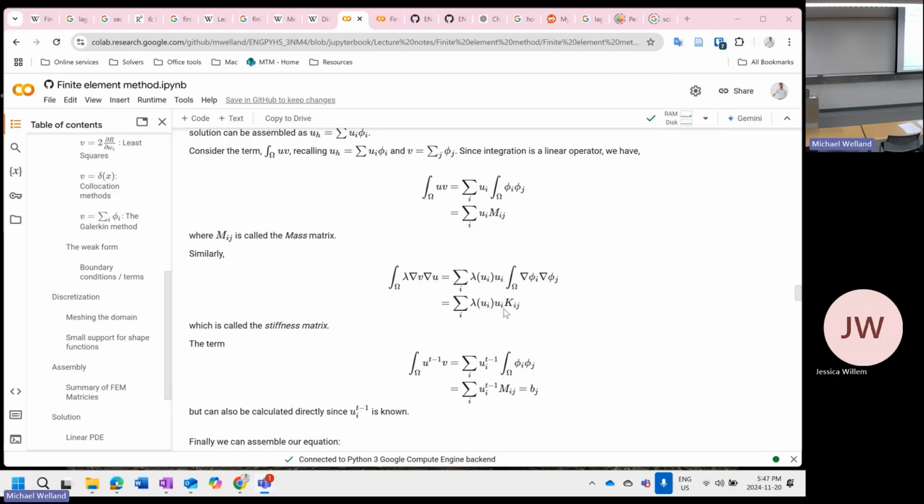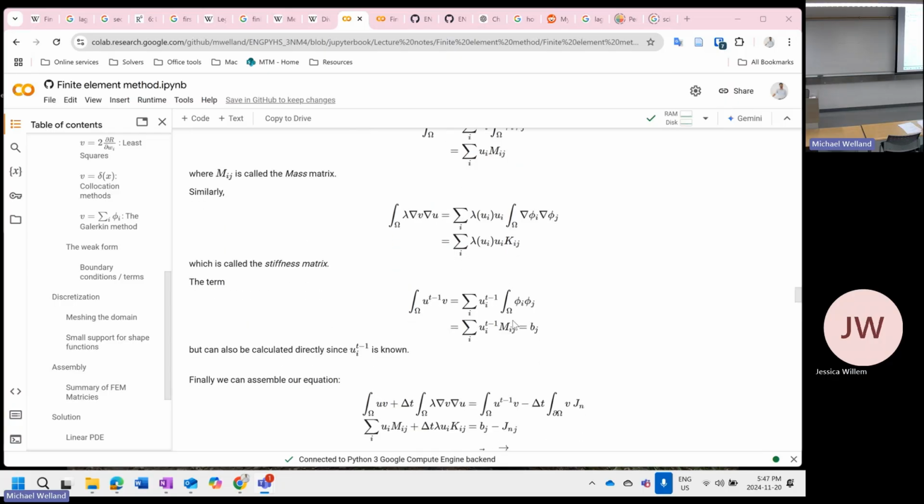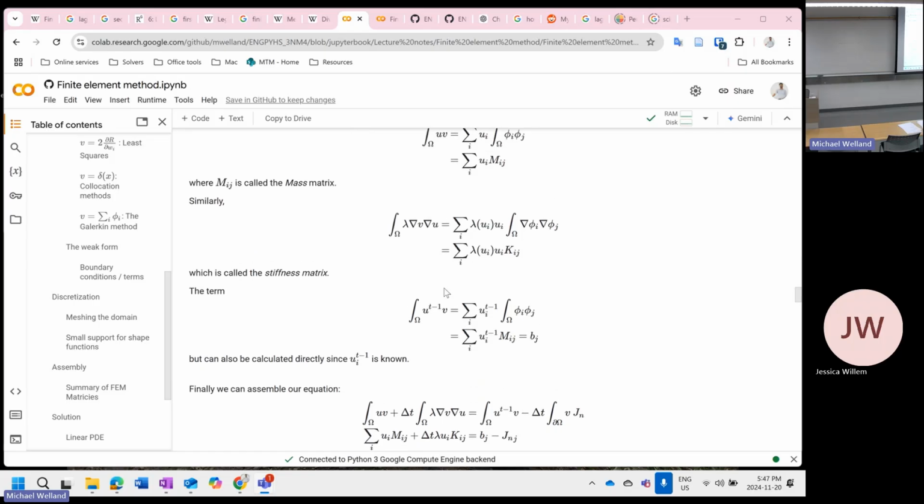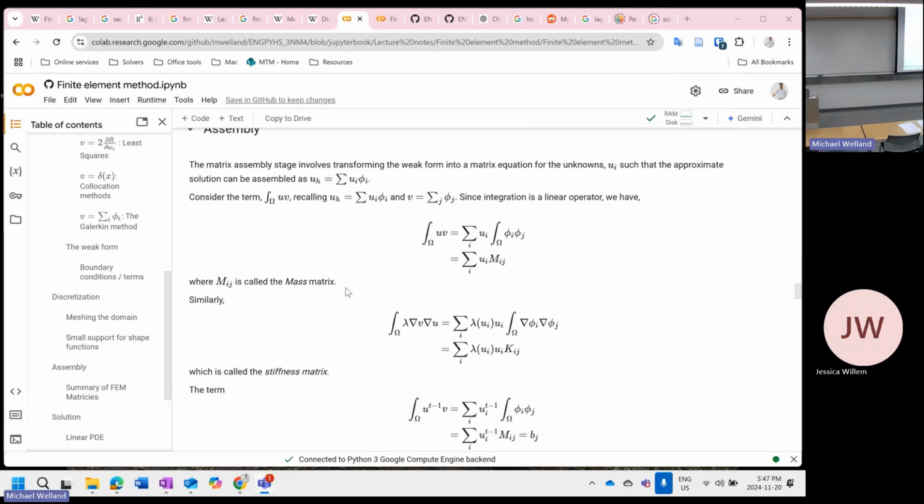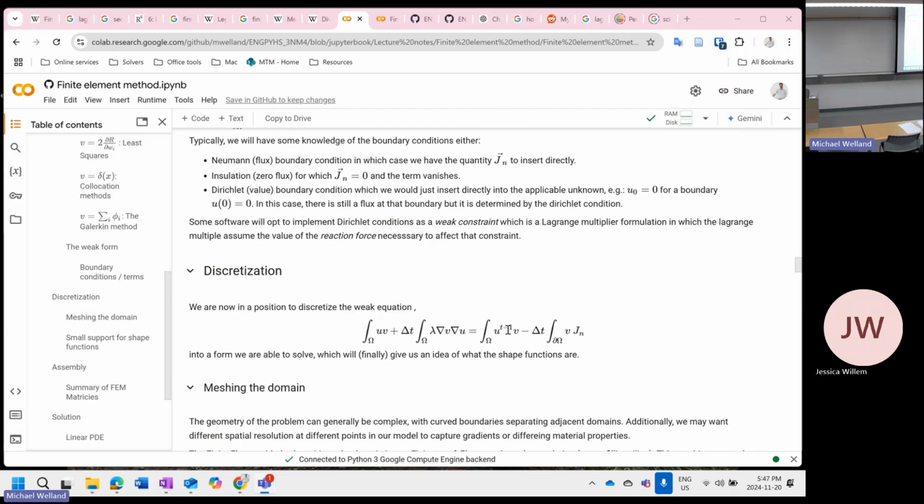This vector is a bit more complicated because I'm still allowing lambda to be a function of u. I'll show you what happens when it's not. It just simplifies it down. So with these two formulae, we've calculated this term. We're given this one as a boundary condition, which means we only need one more.